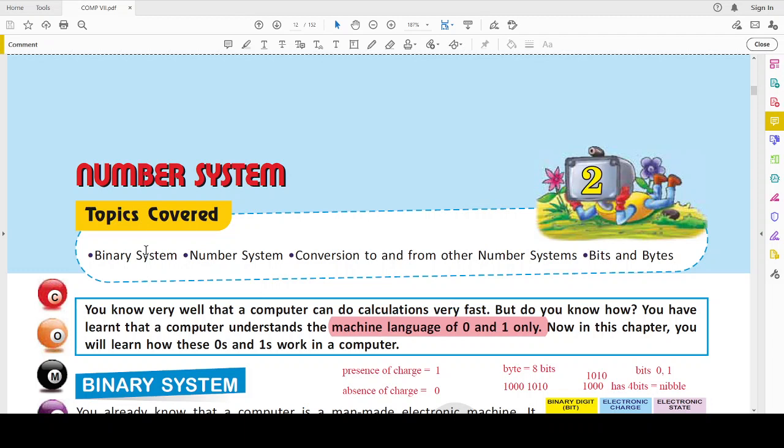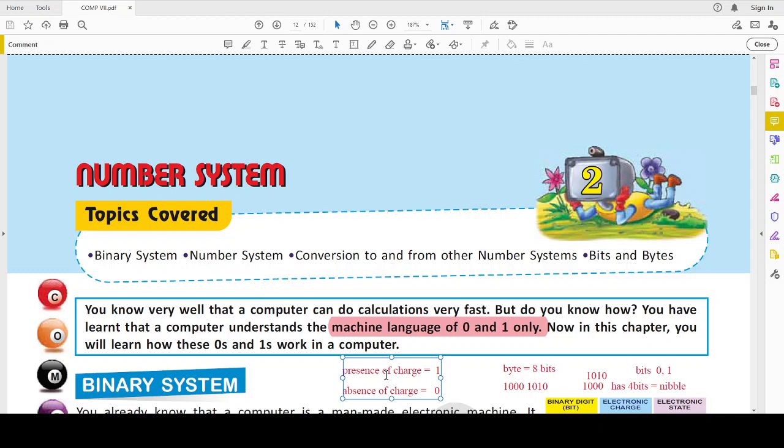There are two states, one is presence of charge, another is absence of charge. The presence is denoted by 1, the absence is denoted by a 0. So such a number system where only 2 digits are used is called a binary number system. The base of such a number system is 2.